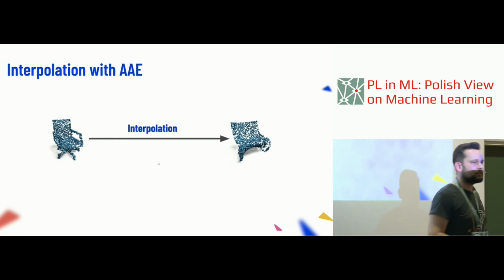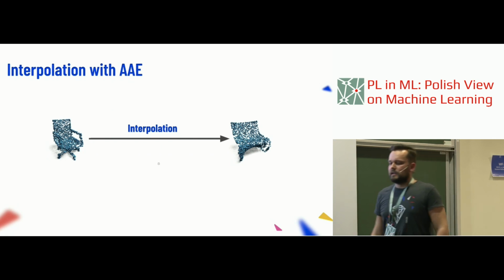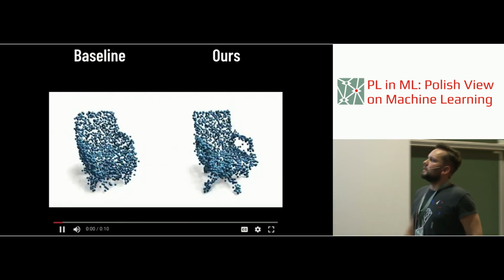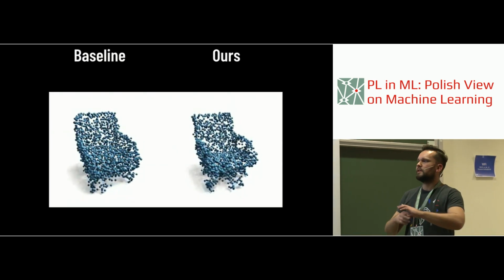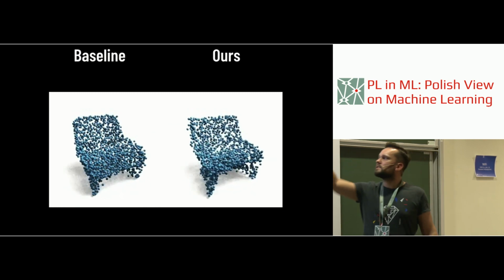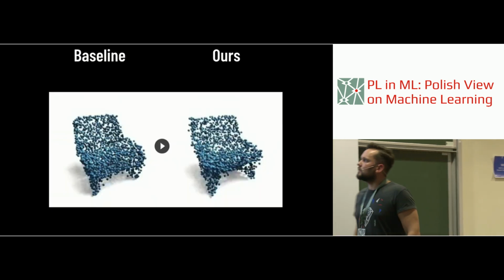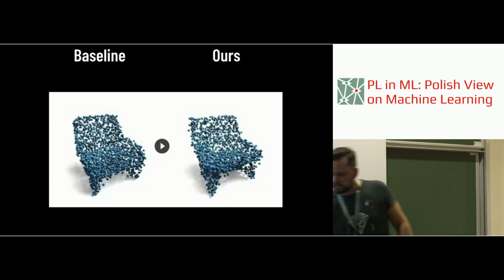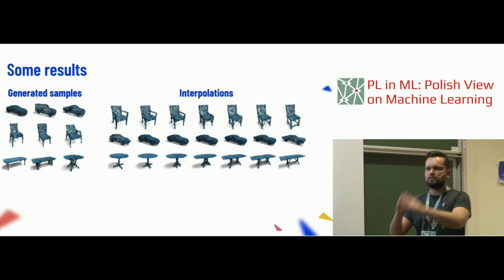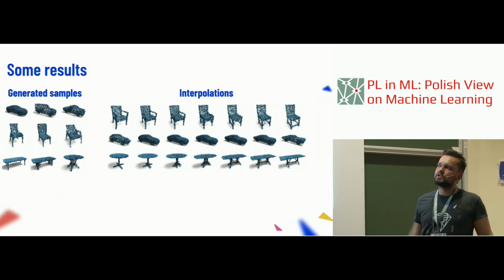Practically, it means that if we take two chairs and try to interpolate between those two chairs, we can observe some sharp jumps for the autoencoder, which is baseline here. And we have some smooth interpolation in terms of our method. So practically, it means that during the interpolation we receive some good interpretable chairs represented by the point clouds.